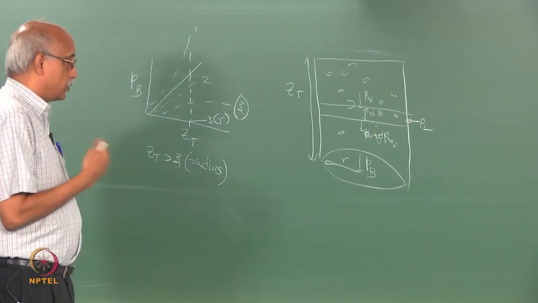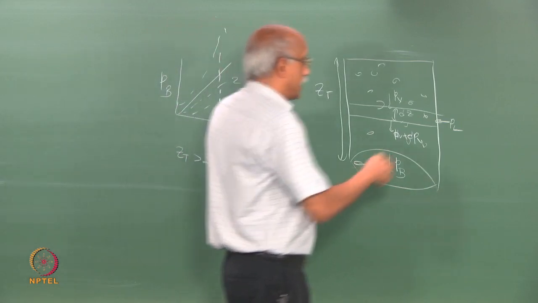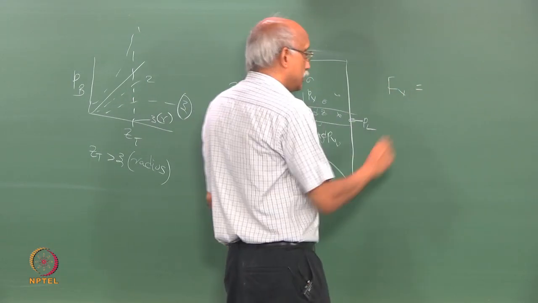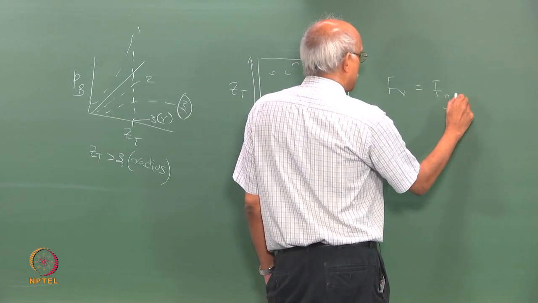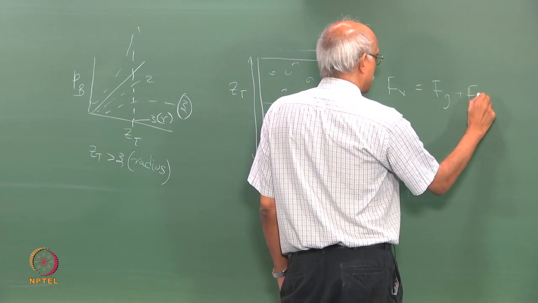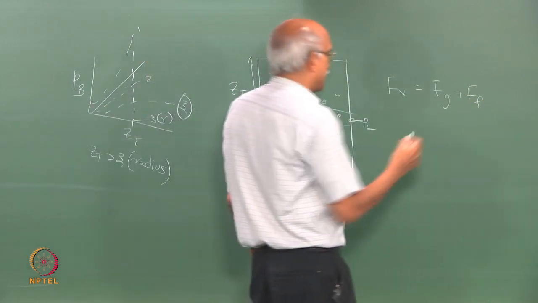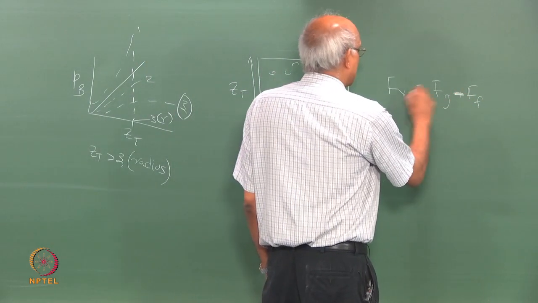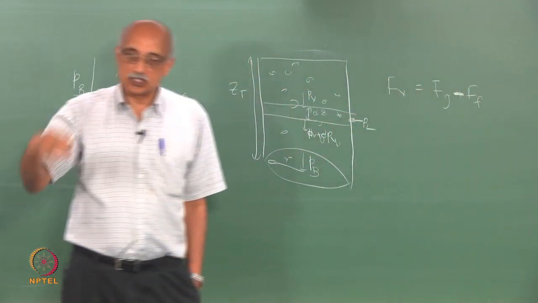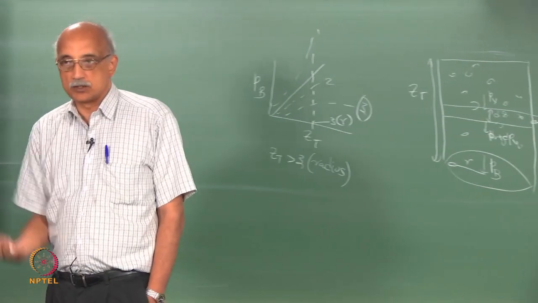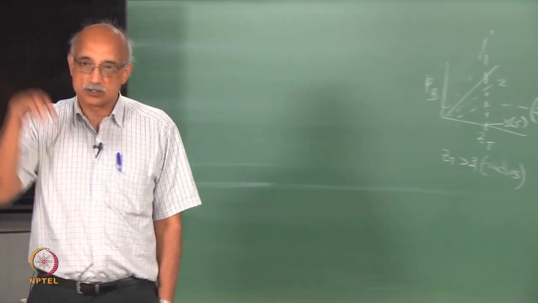Now, if you do a force balance, what do you have? You have FV being equal to FG plus FF. Actually, this will be a minus because the applied pressure and the frictional pressure are going to be opposing the gravitational force that is forcing the mass to move down.